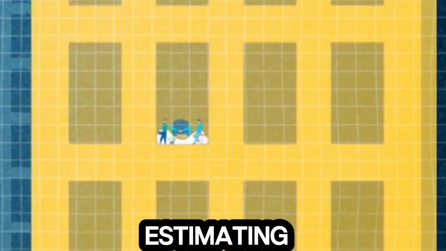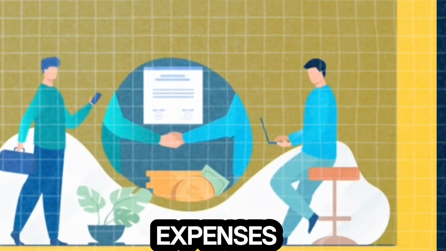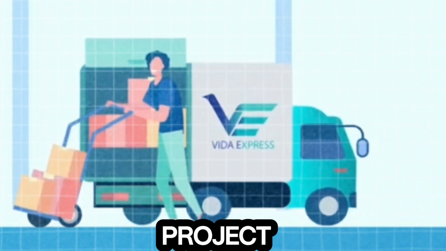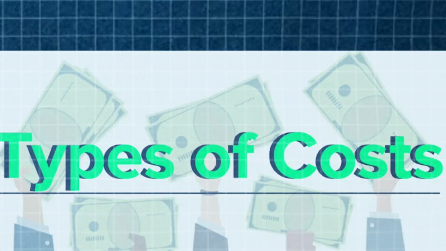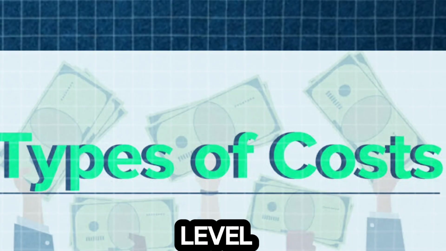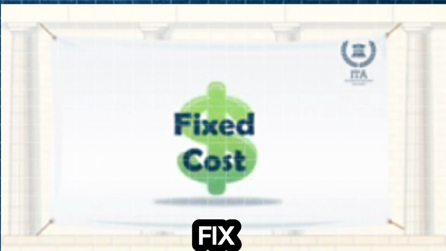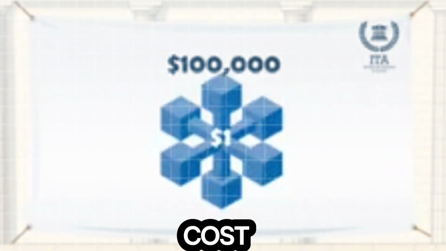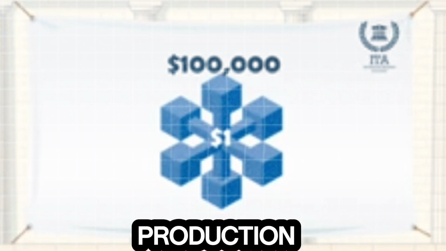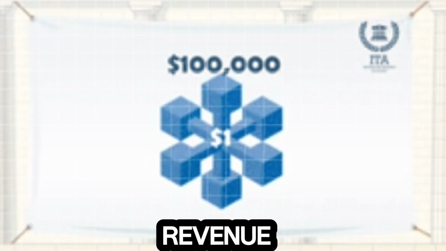Estimating costs. Estimating costs involves predicting the expenses required to complete a project or deliver a product. There are two types of cost, based on level of production. First, fixed cost. Fixed costs, also known as overhead, are costs that do not vary with production or sales revenue.